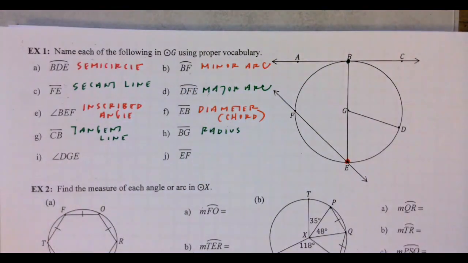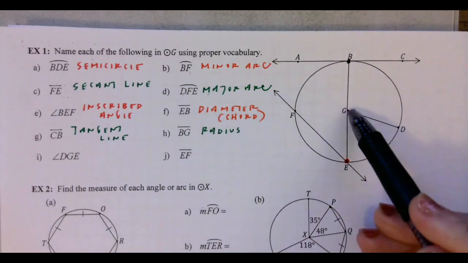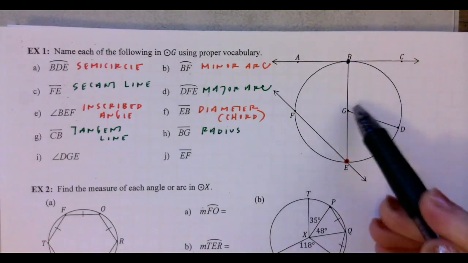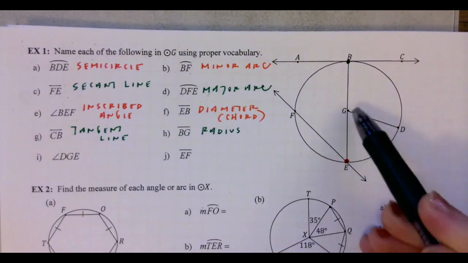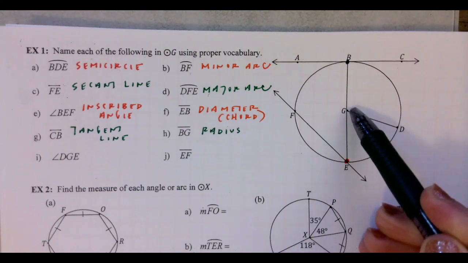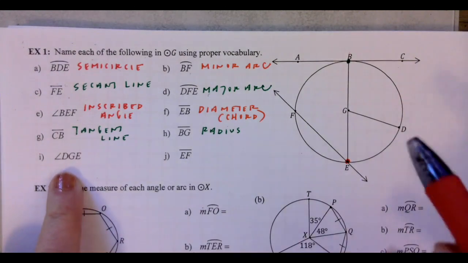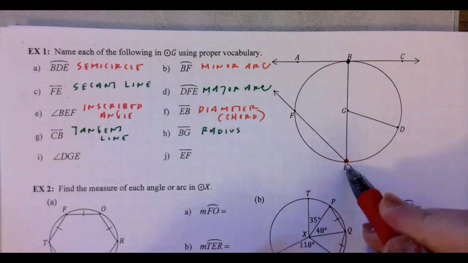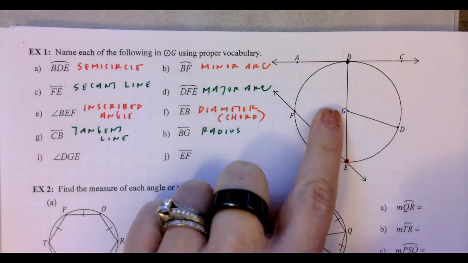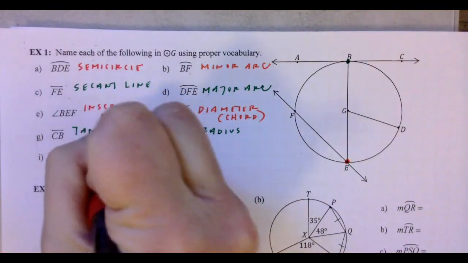Okay, good time to remind you that any radius, so BG, GD, GE, right, they're going to be congruent to any other radius inside of the same diagram. Okay, another angle, angle DGE. G again is the center of the circle. So that is a central angle.